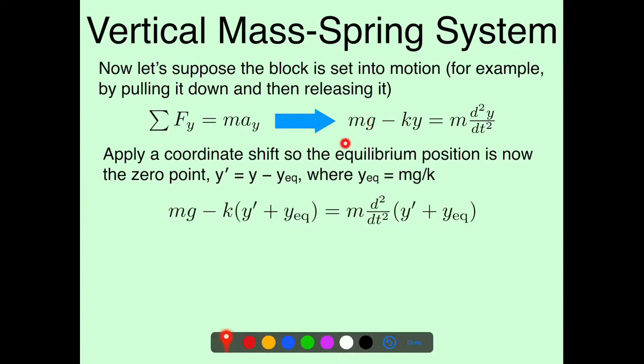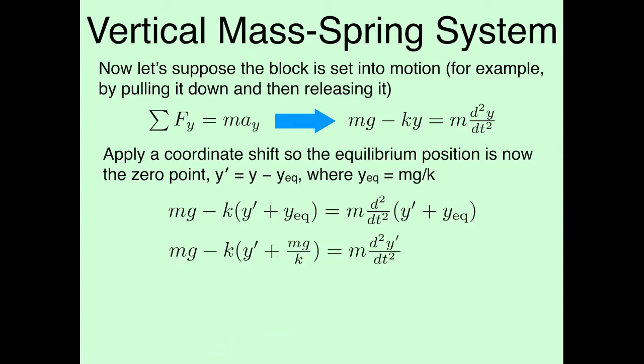So we have mg minus k times y, but using what we just said, y is equal to y prime plus YEQ, so that's going in for y here. That equals m times the second derivative with respect to time of y, which again is y prime plus YEQ.